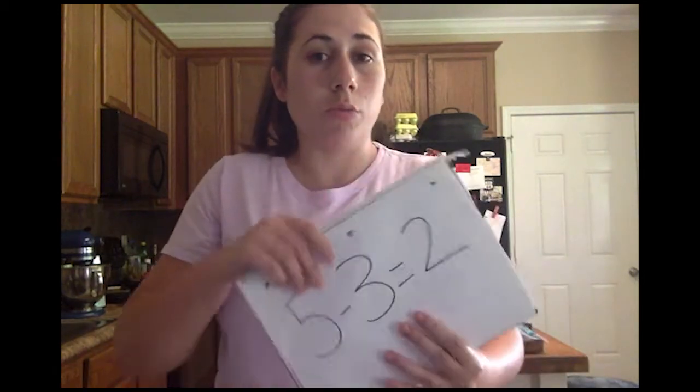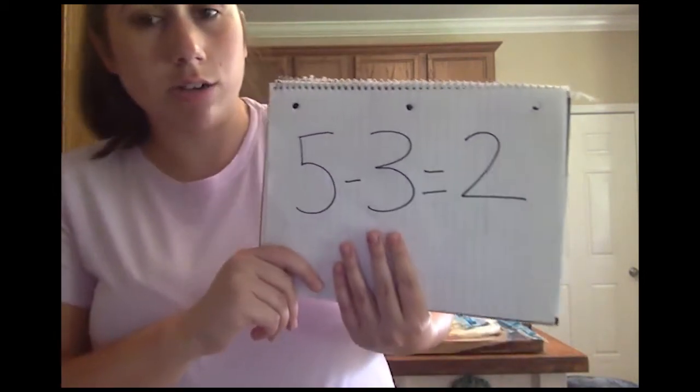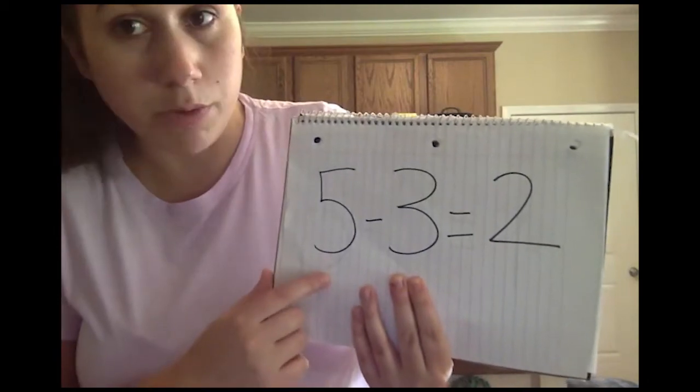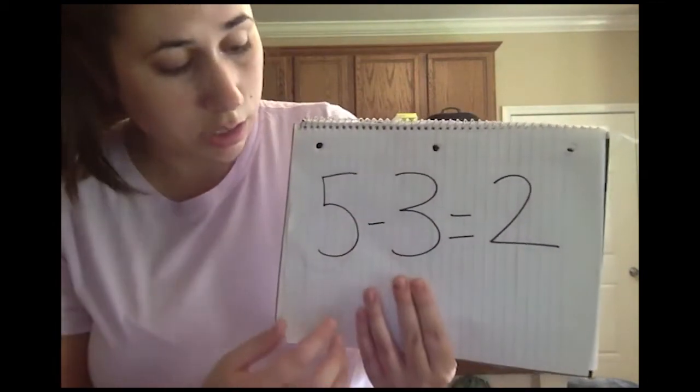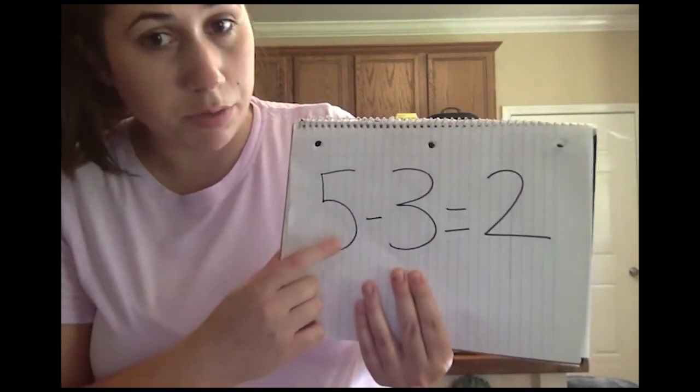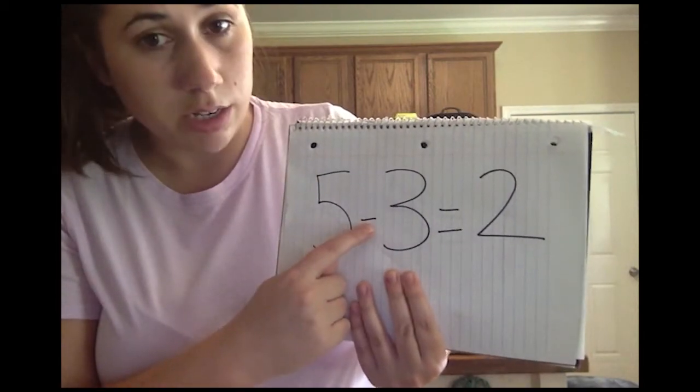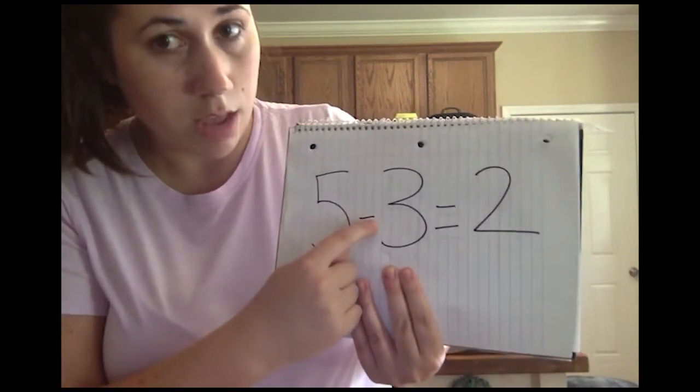Now, as I'm putting my Cheerios back on the plate, because we're going to need 5 again, I want to show you, because I wrote out the subtraction problem, which you can do at home if you want, to practice writing your numbers. Or you can practice writing out a subtraction problem like this. We had 5. Remember, we started with 5. Here's our minus sign, which just means we're taking away a number.